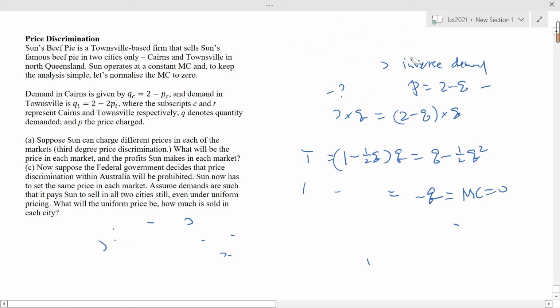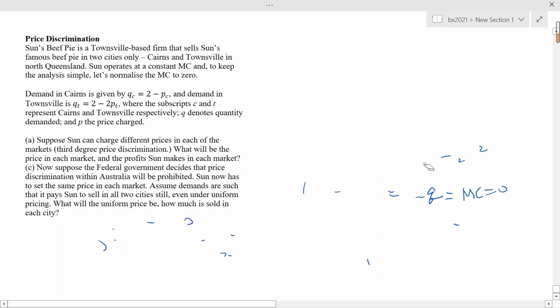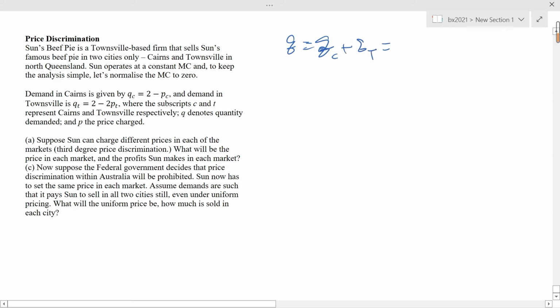Now we are not allowed to set different prices in different markets, so there's only one price. Total demand comes from Cairns and Townsville, which is 2 minus P plus 2 minus 2P, so it's 4 minus 3P.